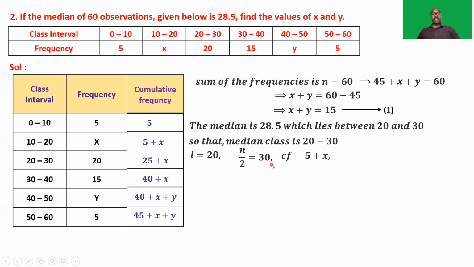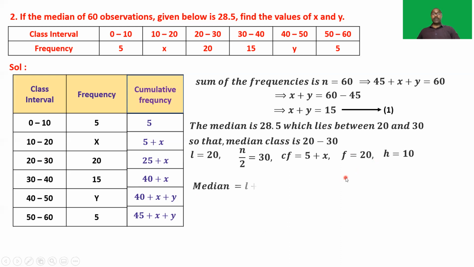The cumulative frequency preceding the median class is 5 plus x. And the frequency of the median class, f, is equal to 25 plus x. The length of the class interval is h is equal to 30 minus 20, which is 10.